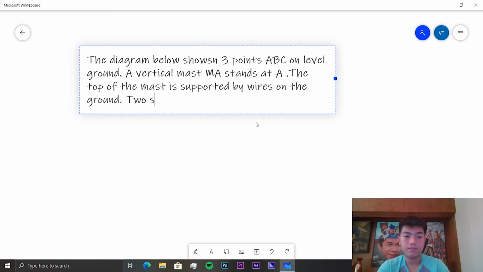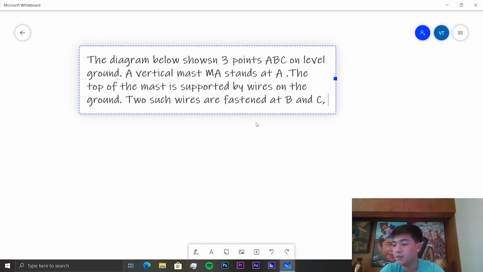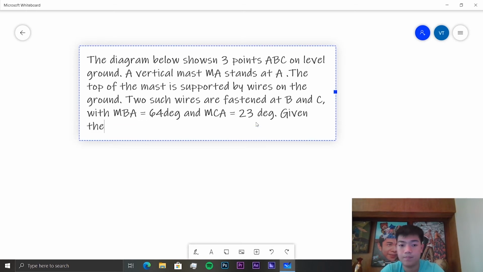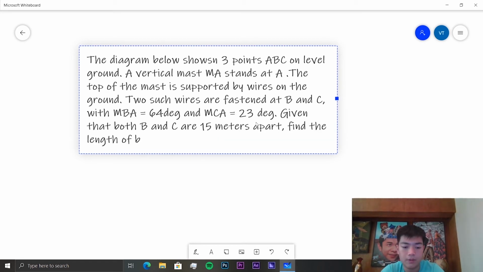Two such wires are fastened at B and C with angle MBA equal to 64 degrees and angle MCA equal to 23 degrees. Given that both B and C are 15 meters apart, find the length of both wires and the height of the mast.